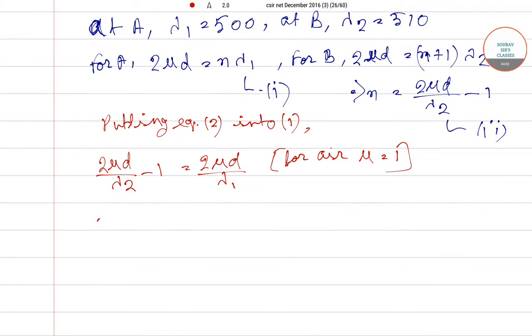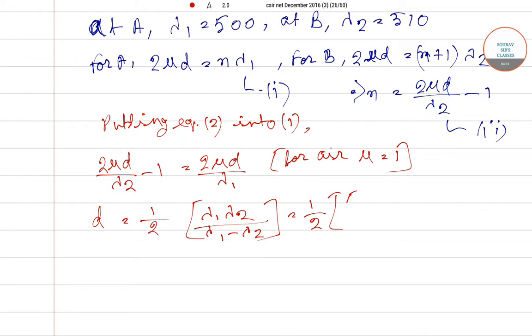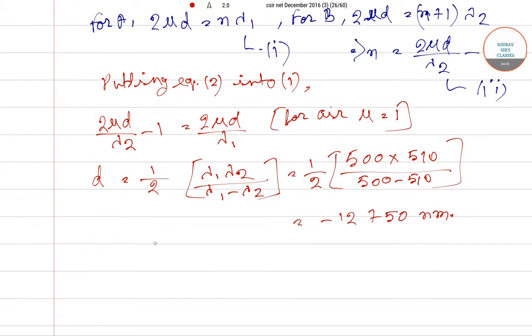So d equals half of lambda 1 lambda 2 divided by lambda 1 minus lambda 2. This equals half of 500 into 510 divided by 500 minus 510, which equals minus 12,750 nanometer. So d is nearly equal to 12 micrometer.